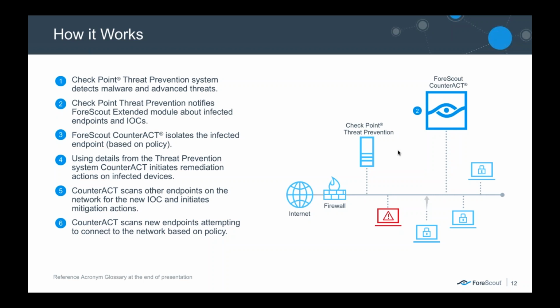It can then send some notification through to ForeScout about the affected endpoint, so it'll send the IP address of the affected endpoint and some information about the indicator of compromise.